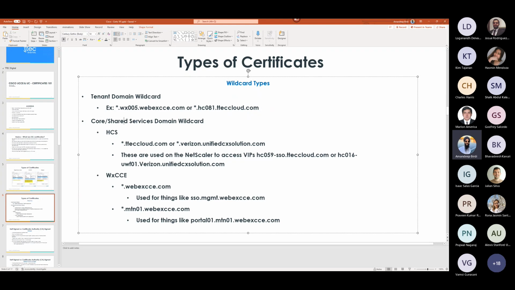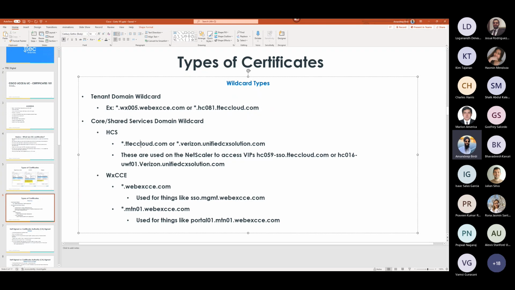Now, there's also a higher level domain wildcard on both HCS and WXCCE. In HCS, you've got something at the ttechcloud.com and the verizon.unifiedcxsolutions.com level, right?